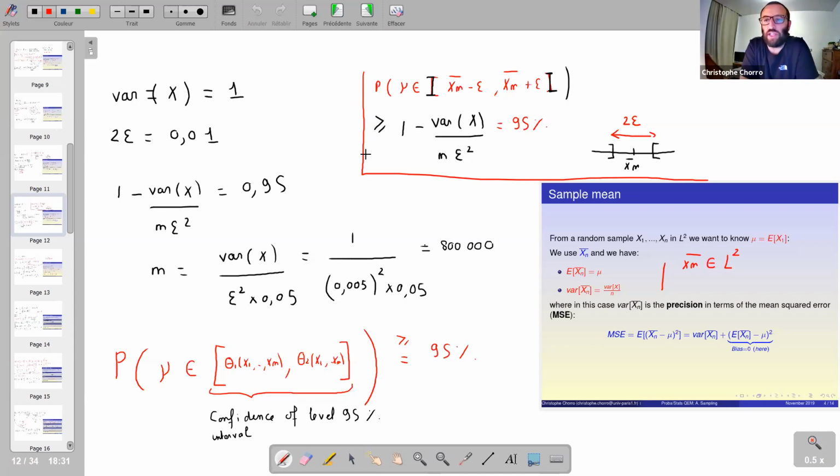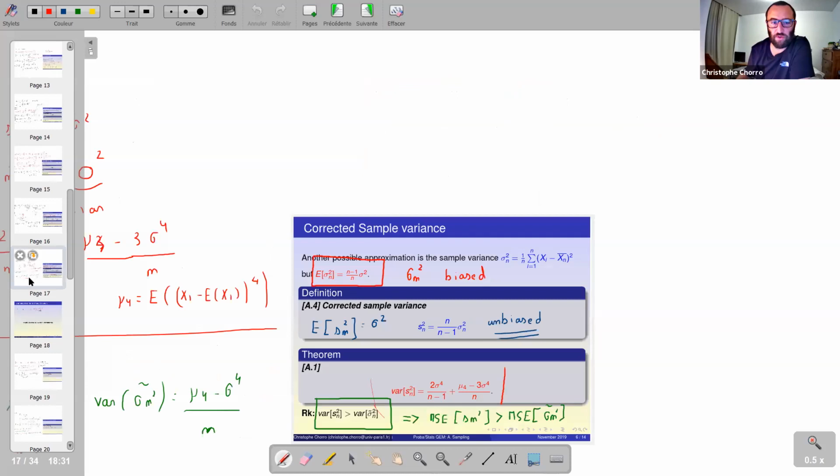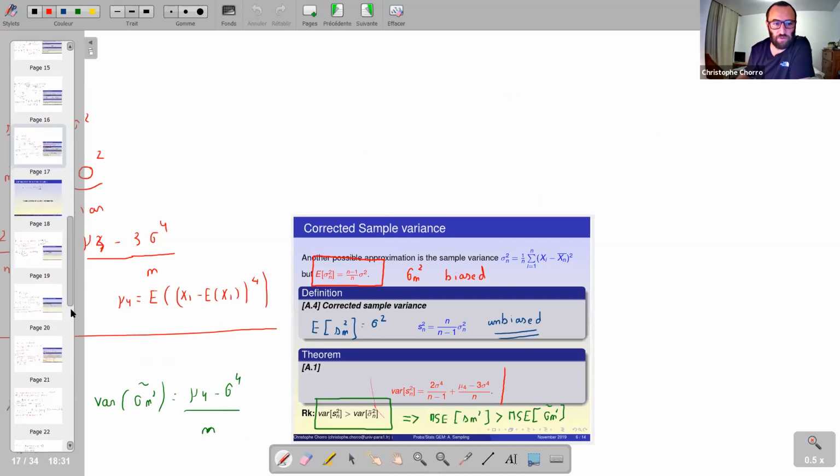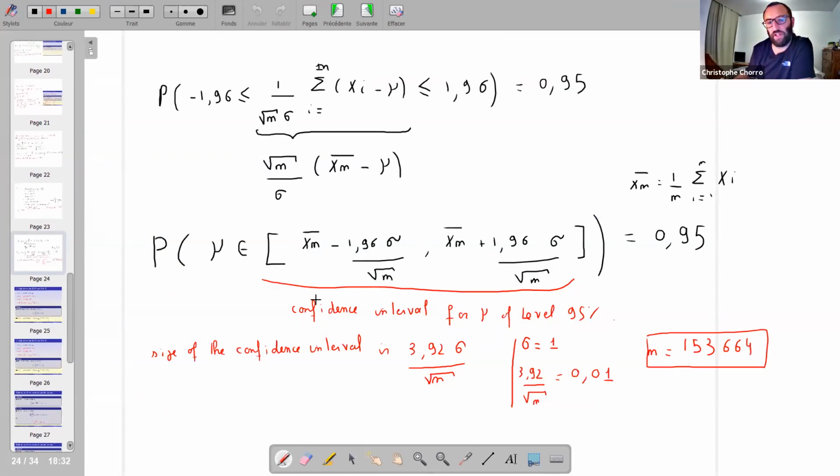But if I am in the Gaussian case, since I am able to find explicitly what is the distribution of the sample mean, I am able to build an interval that will be more and more precise for the same computational effort, in fact. So it's exactly what I can deduce, that when I have my Gaussian hypothesis, I can use a more precise result in order to build a confidence interval that is once again also built on the sample mean.